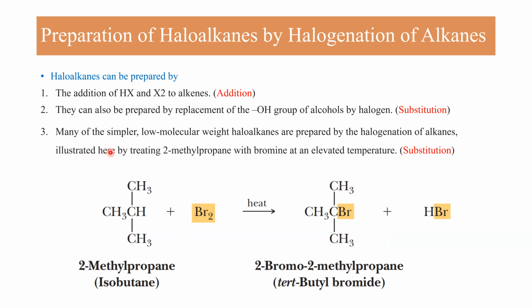Why? The first reason is that on the industrial scale, the alkyl halides are mostly prepared by the halogenation of alkanes. The reason is that we extract these alkanes as natural sources from petroleum byproducts. Through fractional distillation, these are the alkanes which we obtain in a good amount, so this is a more economic approach to treat the alkane with the halogen to synthesize the alkyl halide.